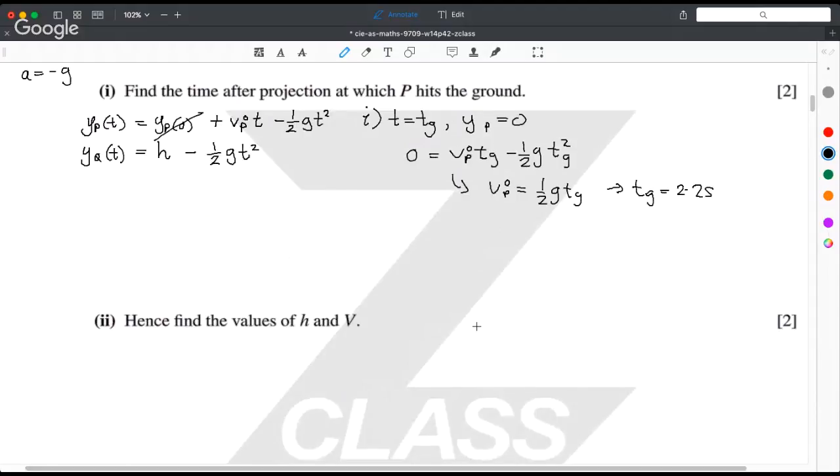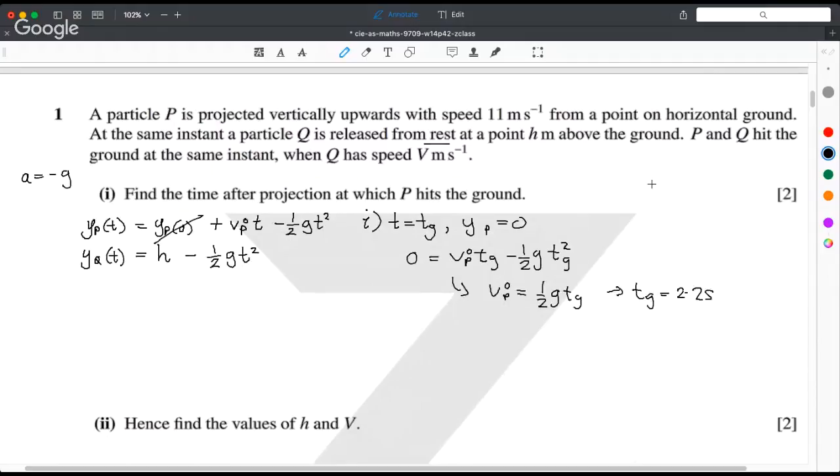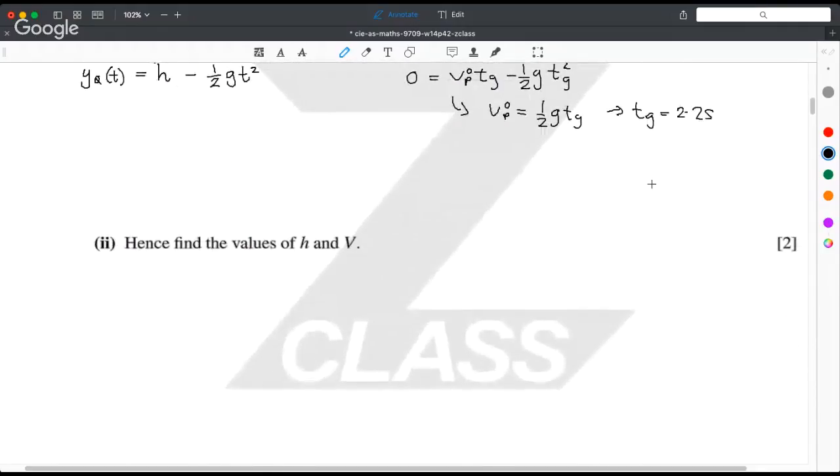They want us to find the values of h and v. Well, we have the information from the initial question that they hit the ground at the same time. So q hits the ground at tg as well. So yq at tg is equal to 0, zero displacement from the ground.